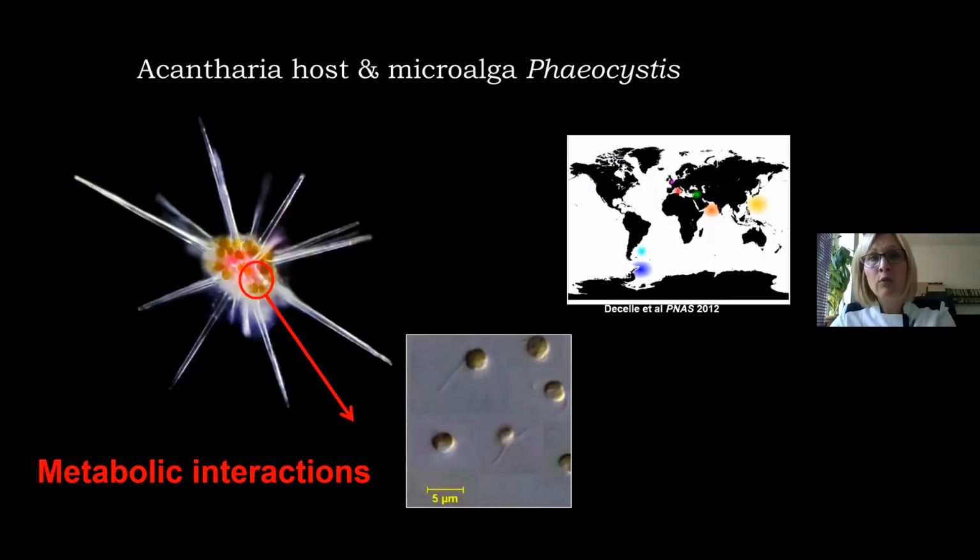So now I would like to show you a few examples of how we use these instruments in tandem, so correlatively, and what we find out. The first study case was about the metabolic interactions between the marine organism Acantharia and the photosynthetic algae Phaeocystis.